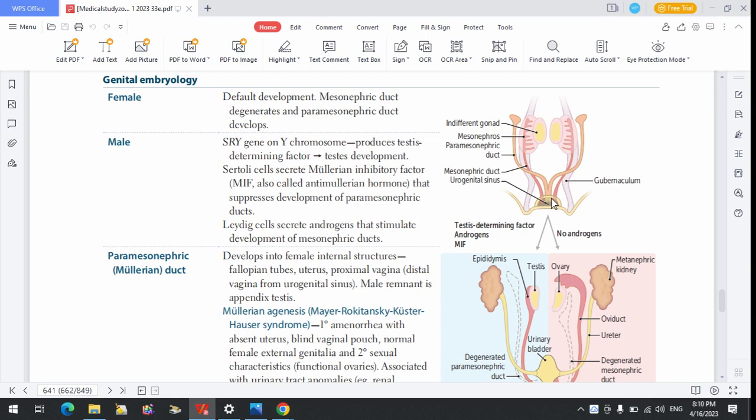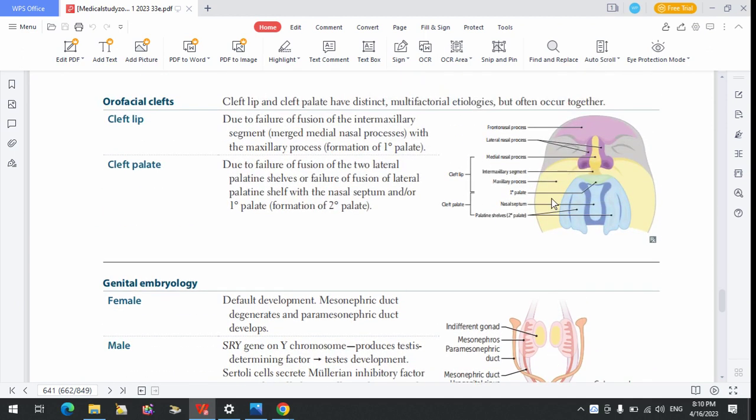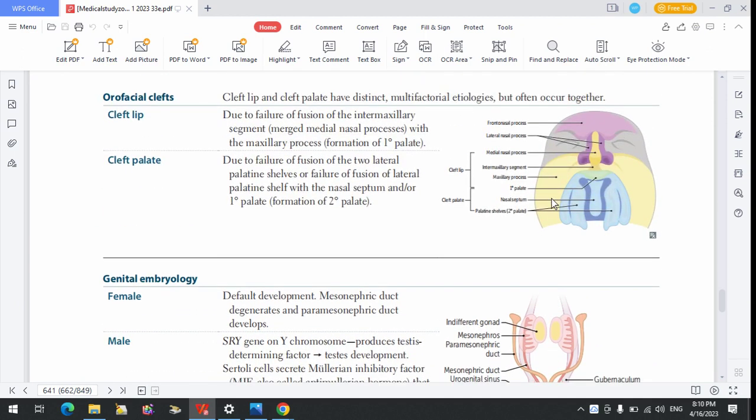Who can remind us where the distal vagina comes from? Anybody? I mentioned it yesterday. The distal part of the urogenital sinus.